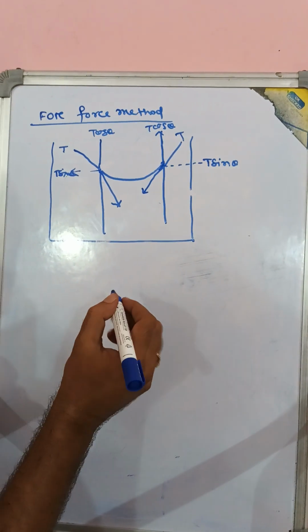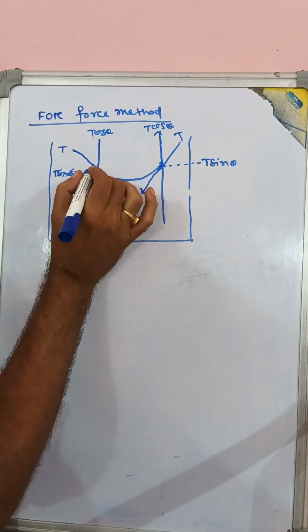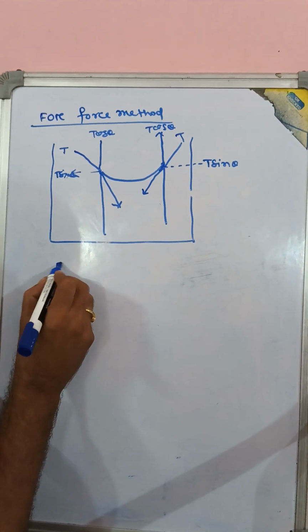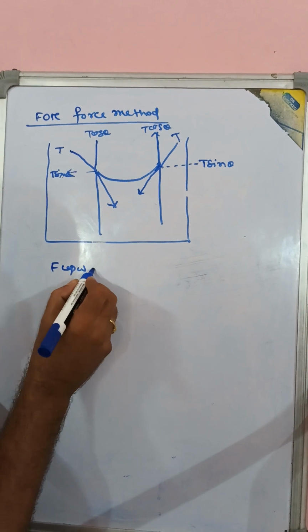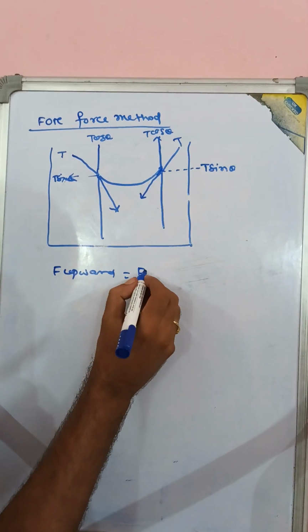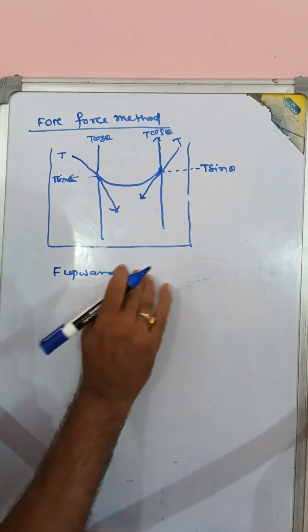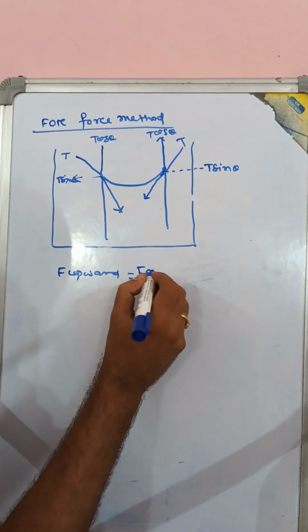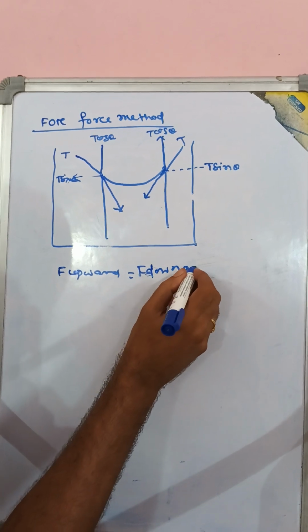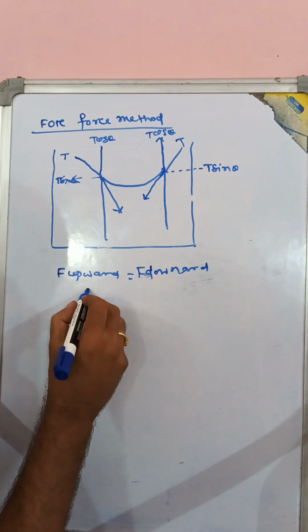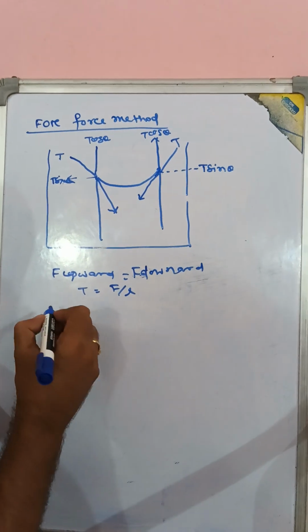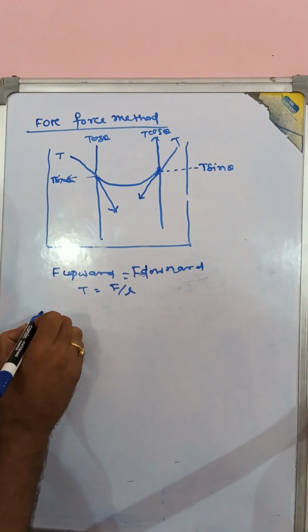Then force upward is equal to force downward. T is equal to force per length.